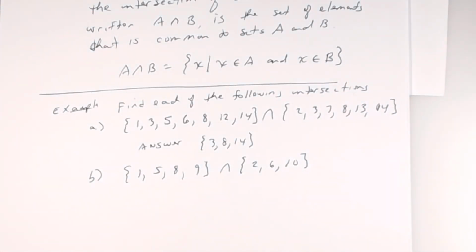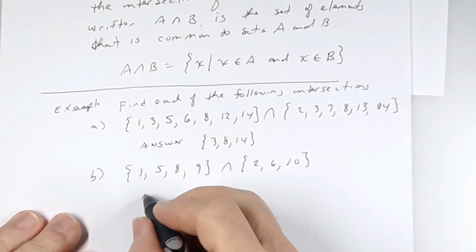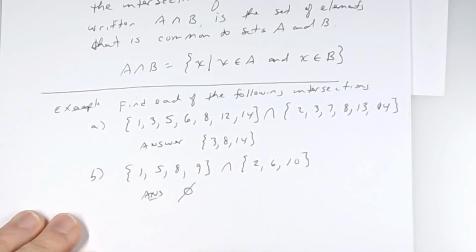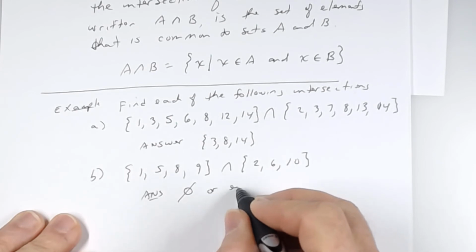So the set that has those 4 elements, and you want to intersect it with a set that has the other 3 elements. What's the intersection? There's a better word to use than saying there is none. What's the word? Empty set. Yep. So the answer is the empty set. You can use the symbol for empty set, which is this, or you can just say empty set.